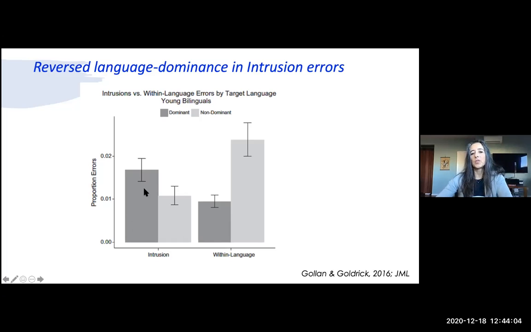But for intrusion errors, like saying when instead of cuando, filling it in to avoid switching, they're much more likely to do that when they're reading a paragraph that's written mostly in the non-dominant language and they come upon a dominant language switch word.